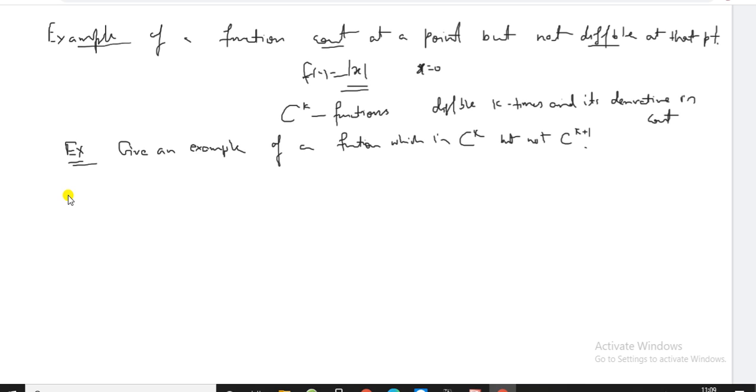So let us come to the application of the Weierstrass approximation theorem, which helps in the construction of a function which is continuous everywhere but differentiable nowhere.